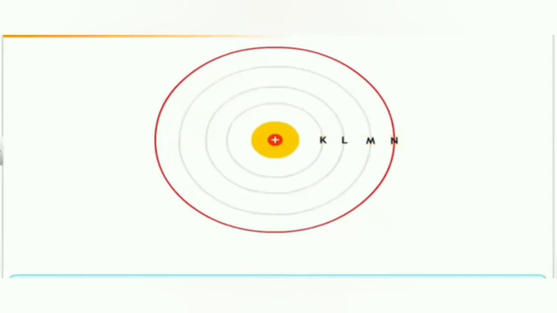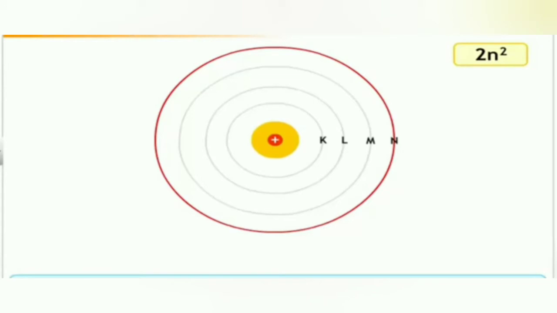The maximum number of electrons that can be accommodated in any energy level of the atom is given by a formula 2n square, where n is the number of that energy level or energy shell.